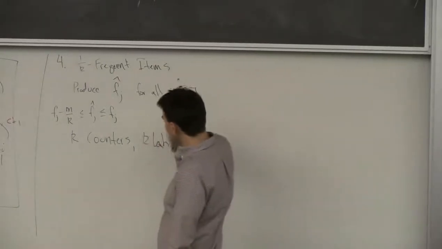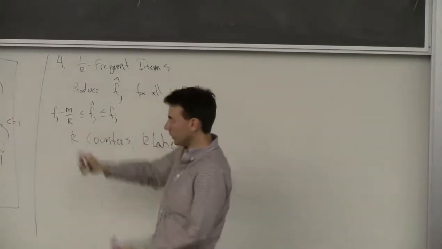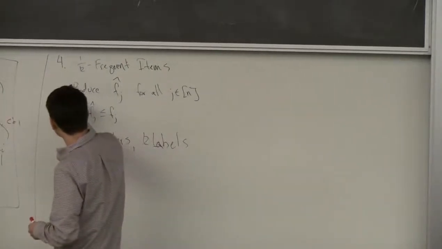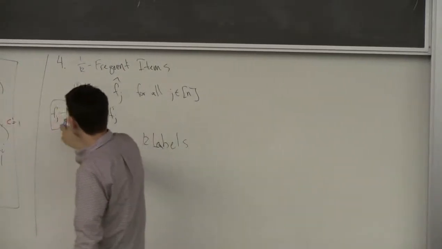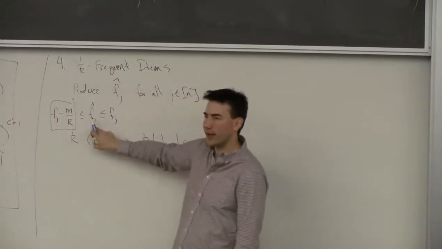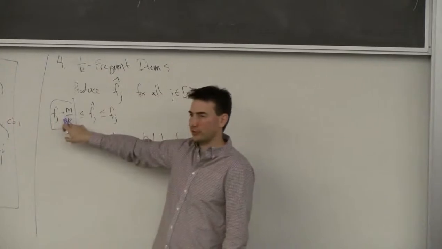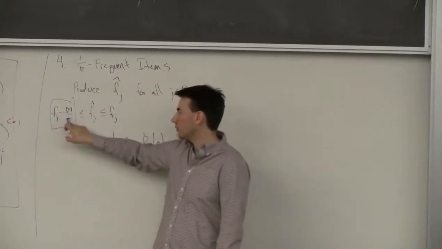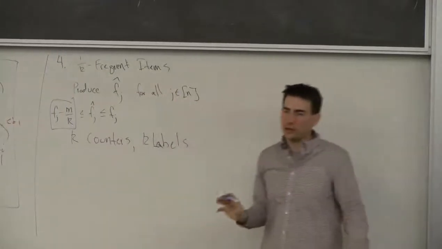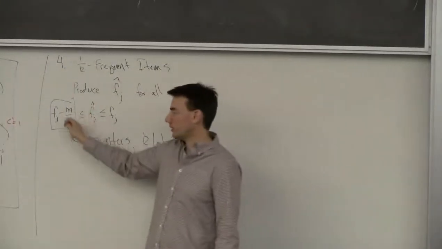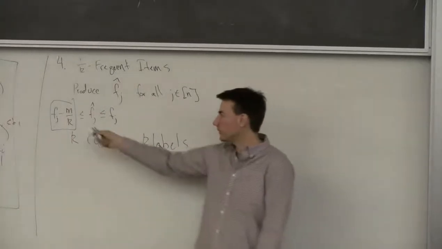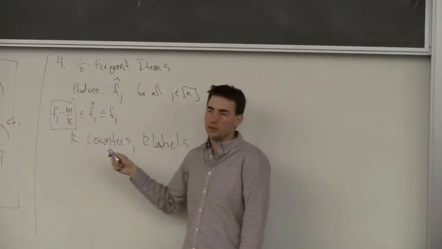So let me examine this quantity here, right? I'm saying it's always less than or equal to the true value, but it's not too much less, right? It's greater than the true value minus a small thing. So let's say k was 10, okay? So what does this quantity mean? This is 10% of the data, right?